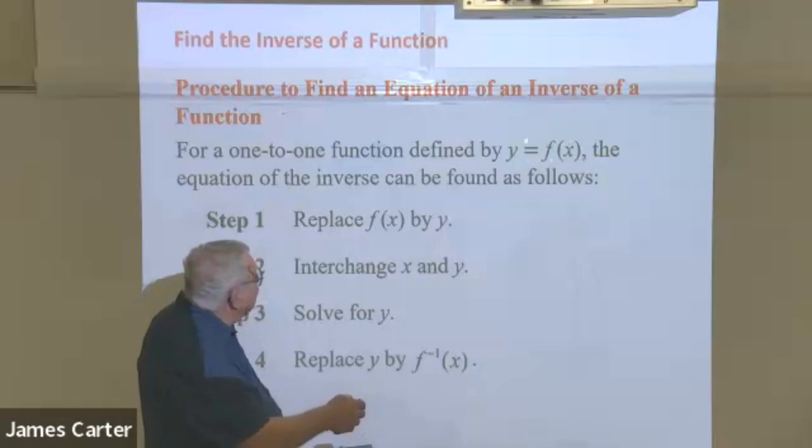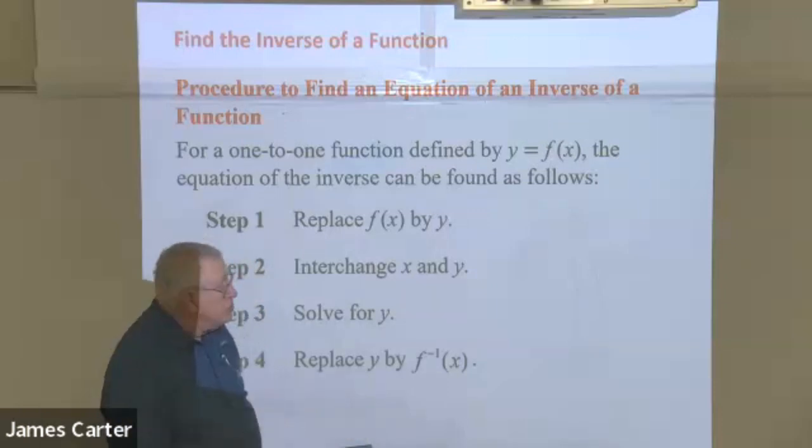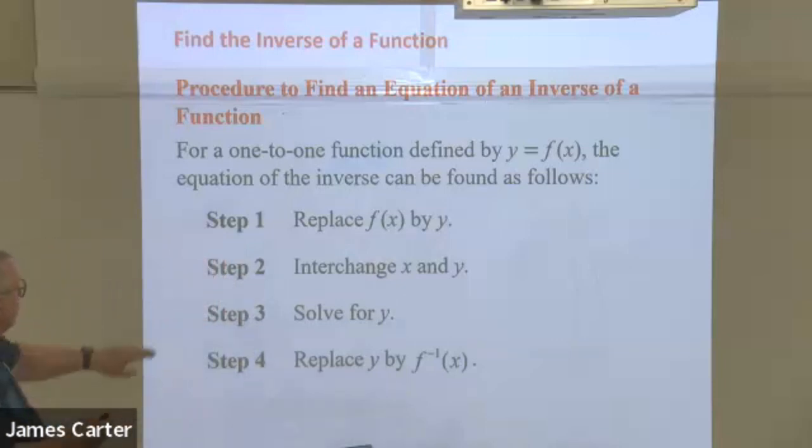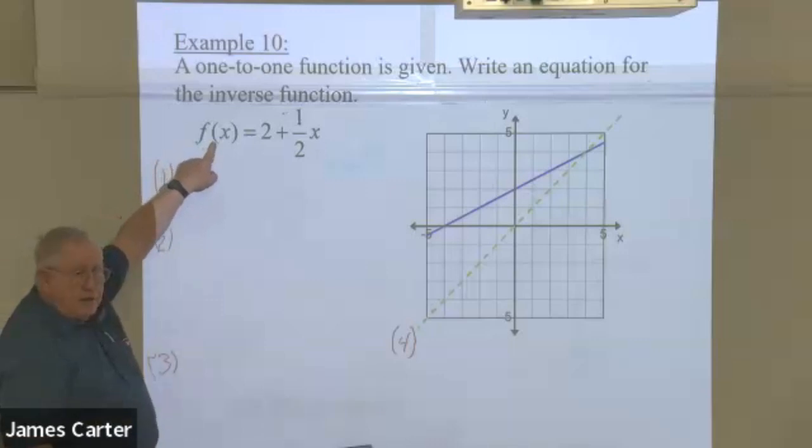Remember, you've got your function notation on the original equation that we're starting with. So we're going to consider these 4 steps now. Here's the equation. F of x equals this. The first step just said simply replace that with y.